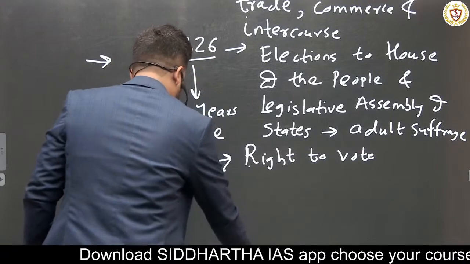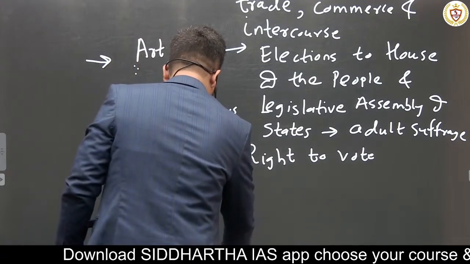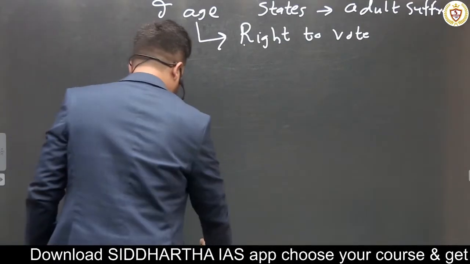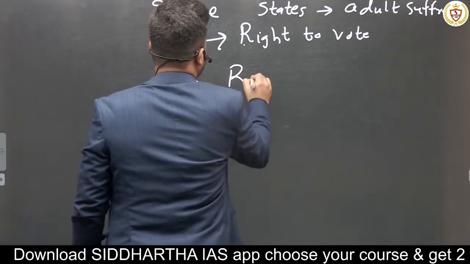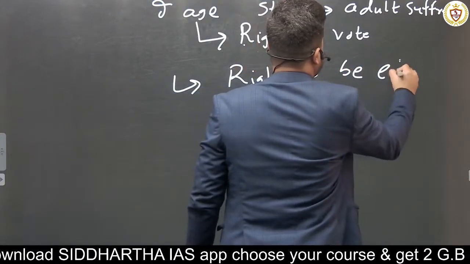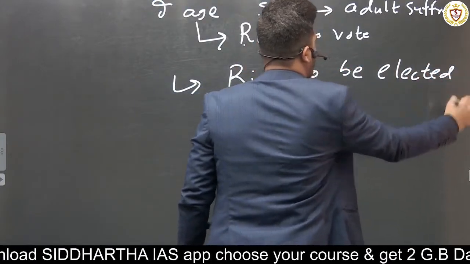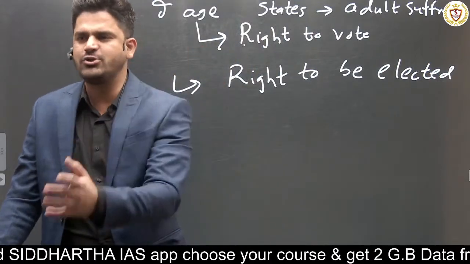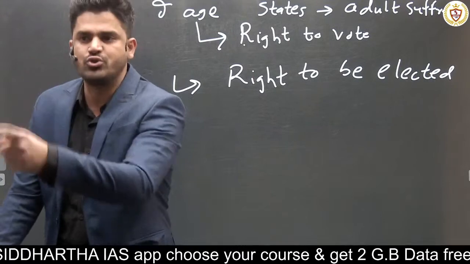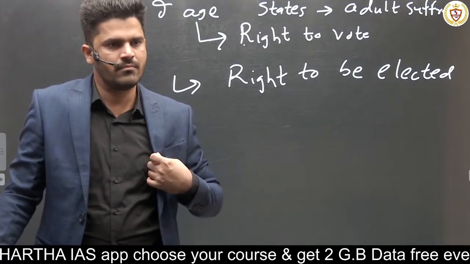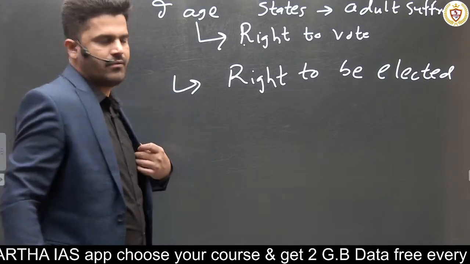Now, what about right to be elected? Right to vote हो गया. What about right to be elected? Yes, it is also a constitutional right. Both right to vote and right to be elected are constitutional rights. ठीक है?